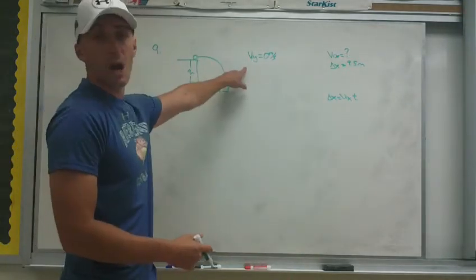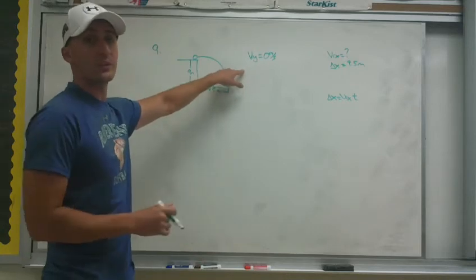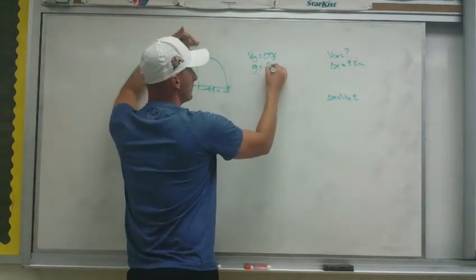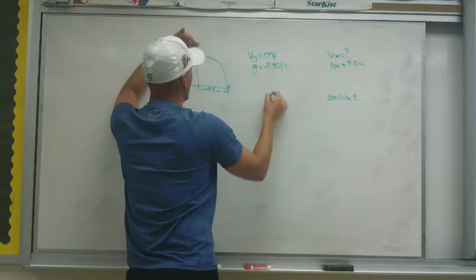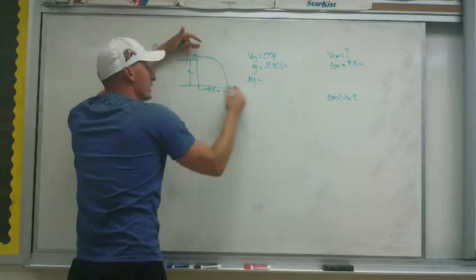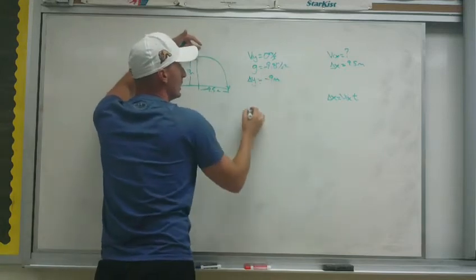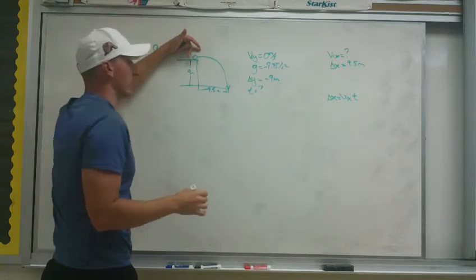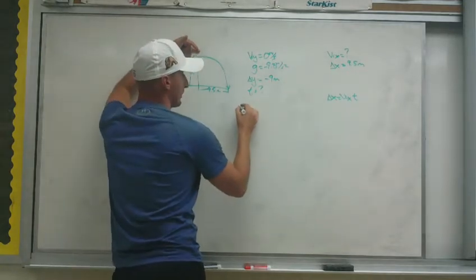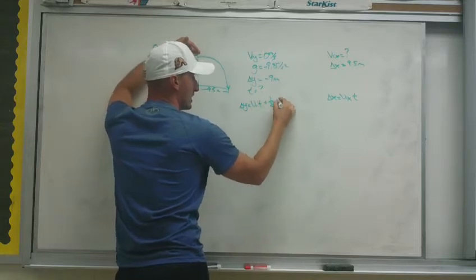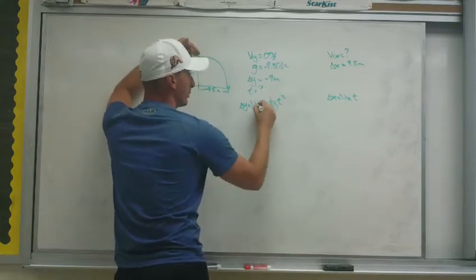I can get time from my y direction. Let me label everything I know in the y. Gravity's in the y direction, and the ball goes down delta y, 9 meters. Using your equation sheet, pick out your equation. Basic kinematics: delta y equals VIT plus 1/2 GT squared. VI is 0 so it goes away.